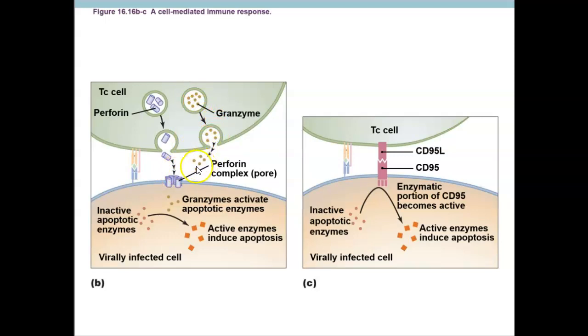And granzyme enters through the perforin holes, and they activate apoptosis enzymes. These are enzymes, every one of your cells has these enzymes in them. They almost never get activated, but when they do, within 20 minutes, the chromosome of that cell has been shredded. There's teensy fragments of DNA.